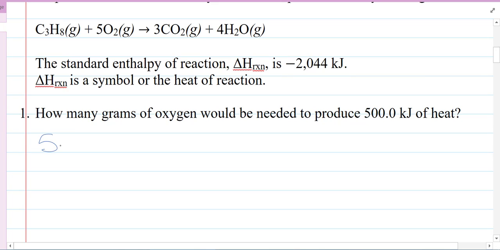So we have 500 kilojoules. And what has to go on the bottom? It has to be kilojoules. Well, we have this number, negative 2044 kilojoules, and that relates to 5 moles of O2.